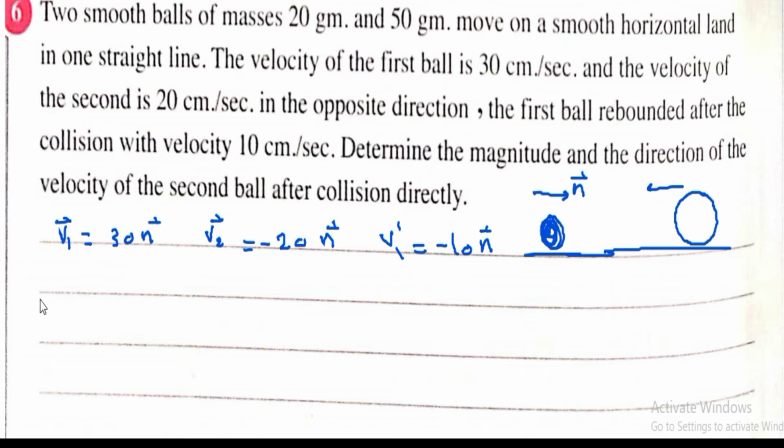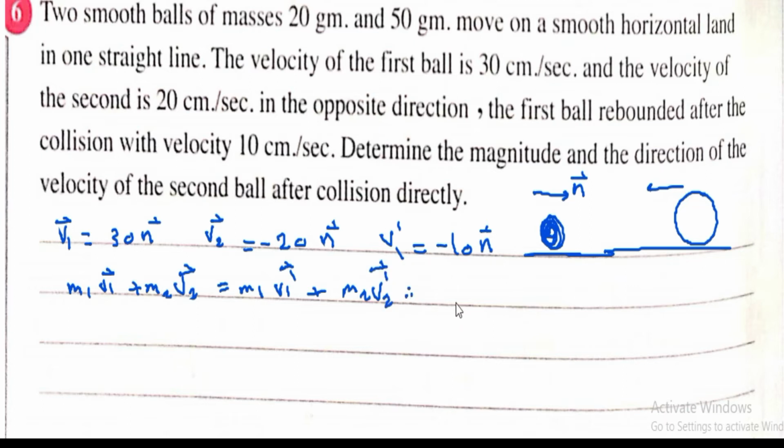In the collision, M1 V1 plus M2 V2 equals M1 V'1 plus M2 V'2.